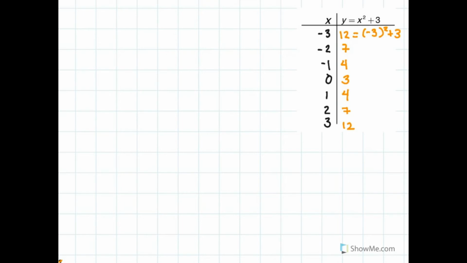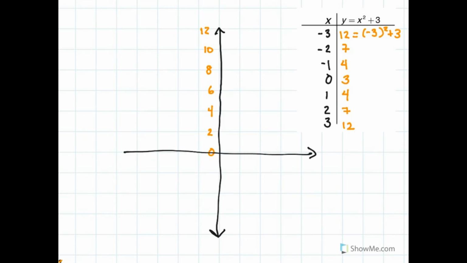Now it looks like I have to graph numbers as high as 12 in order to get something as small as -3 on the graph. So I'm going to adjust my axes so I can fit points as large as 12 on the y-axis. The x-axis goes through 0, and I'm going to count by 2's again so that the units match on both axes.